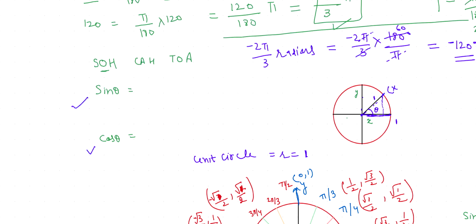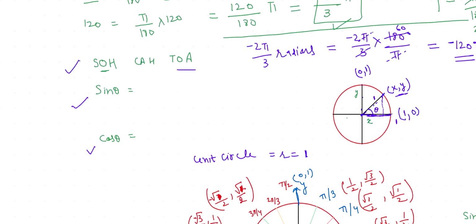Clear? At this point x is 1 and y is 0. At this point x is 0 and y is 1. But here there is some value of x and y because this is the terminal side and it lies between the x and y axes.